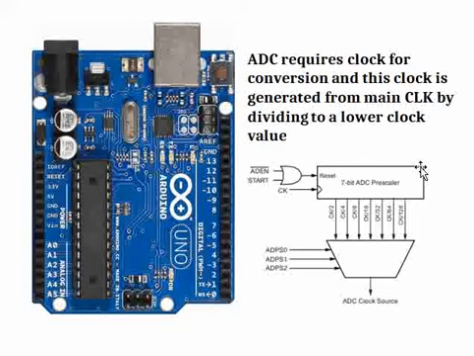What a prescaler does is divide the clock. You can see in the image here, it divides the clock at specific fractions, like clock by 2, clock by 4, clock by 8, and then generates a lower clock such that this can be used as the ADC clock reference. So that is how we generate the ADC clock. The designers need to know how to set these registers of the ADC.